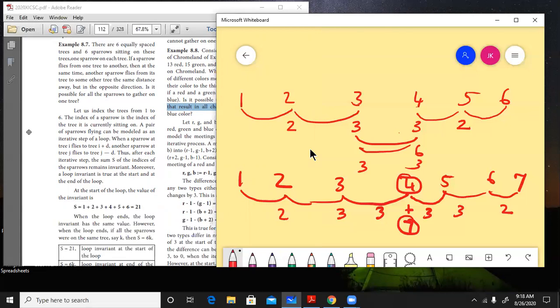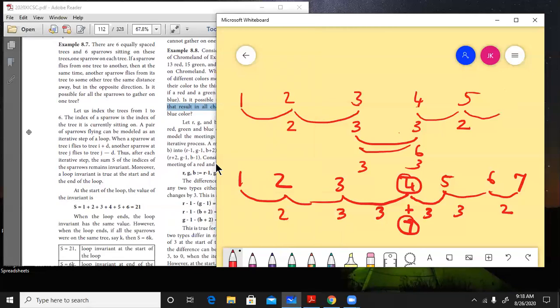It's an explanation for your invariant that's given in your textbook. Clear? So they are adding the numbers given to the sparrows, not the number of sparrows. 1 plus 2, 3, 3 plus 3, 6, 6 plus 4, 10, 10 plus 5, 15, 15 plus 6 is equal to 21. That is the sum of the numbers given to your sparrows. Is it clear? Yes.